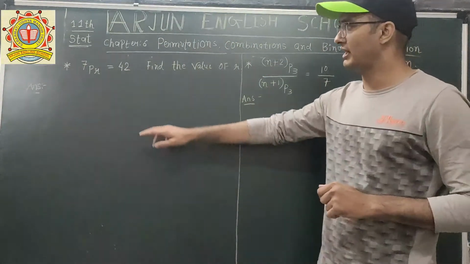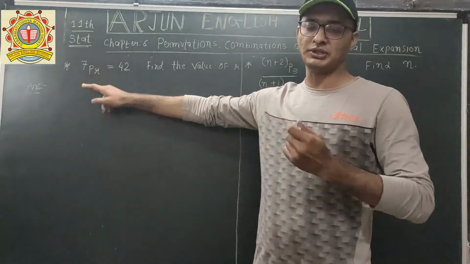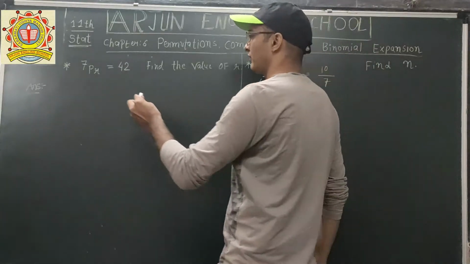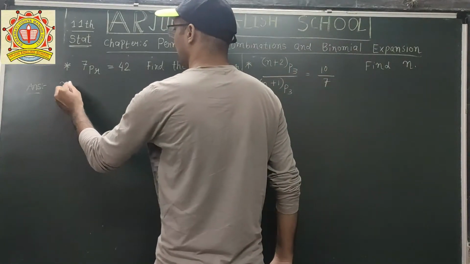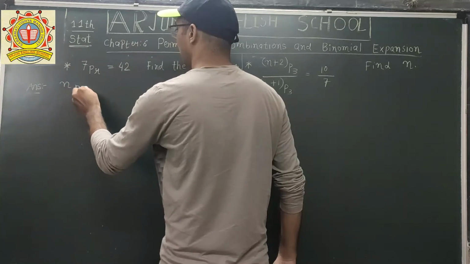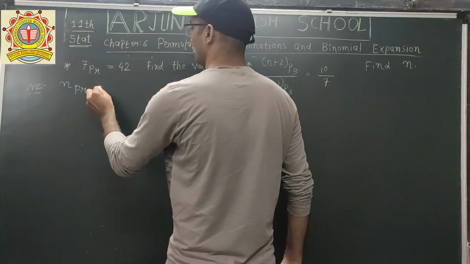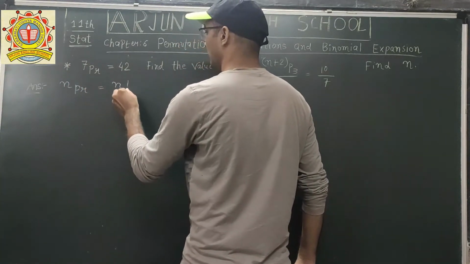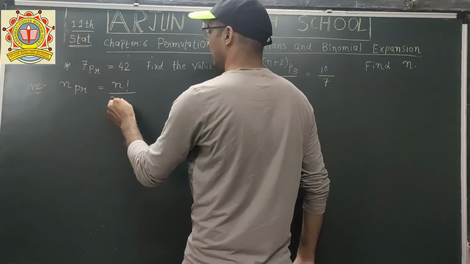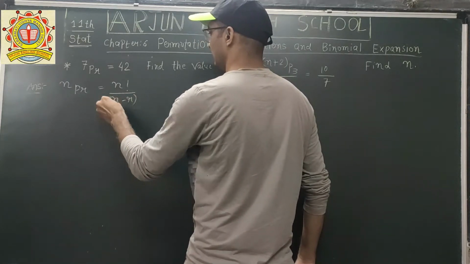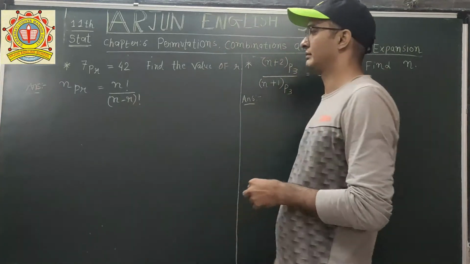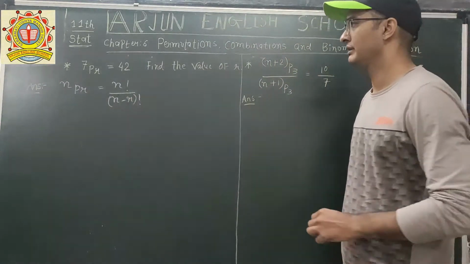Now here P stands for permutation. We have to put the formula NPR is equal to n factorial divided by (n minus r) factorial. This is the formula.